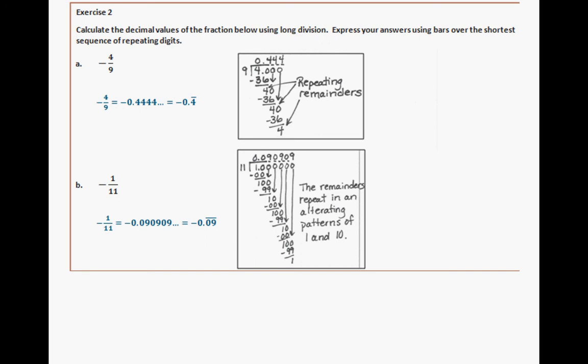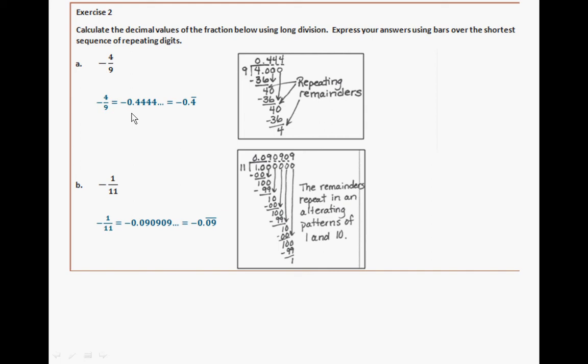All right, so for A and B, they went ahead and identified the repeating remainders just to give an idea. Express your answers using bars over the shortest sequence of repeating digits. So here's where we again revisit bar notation.